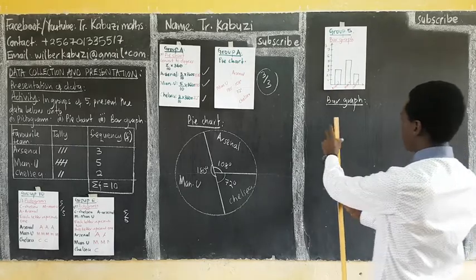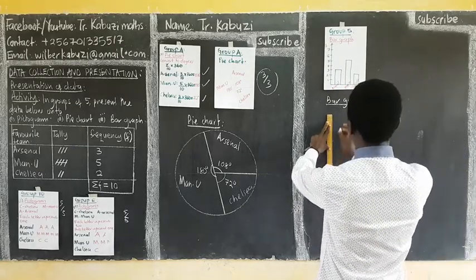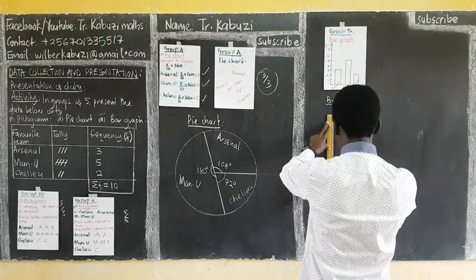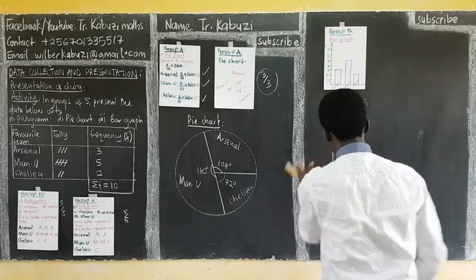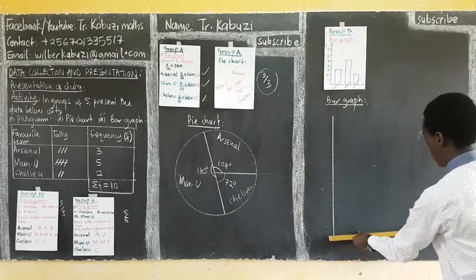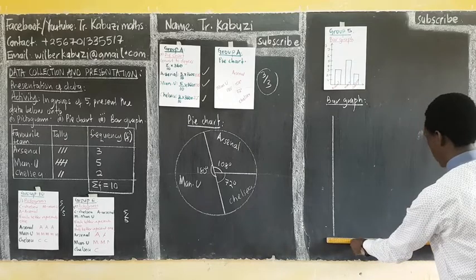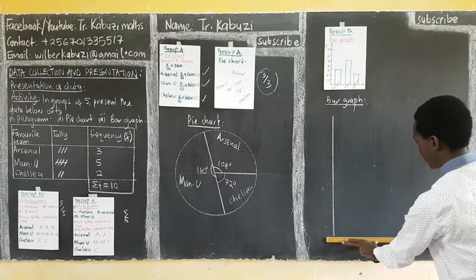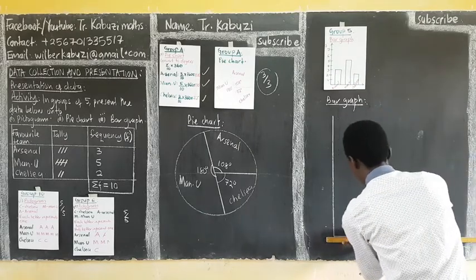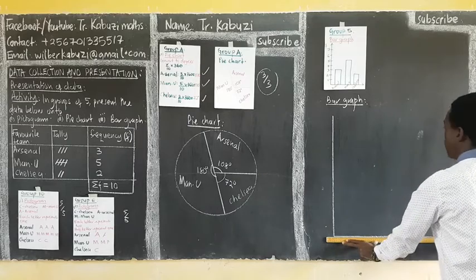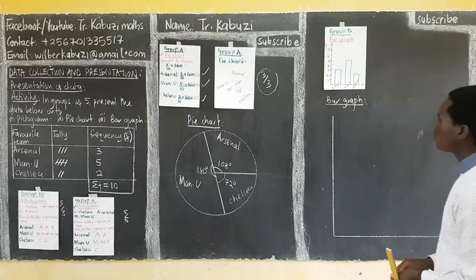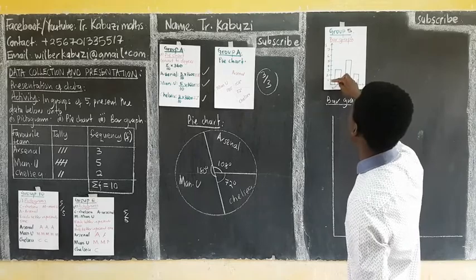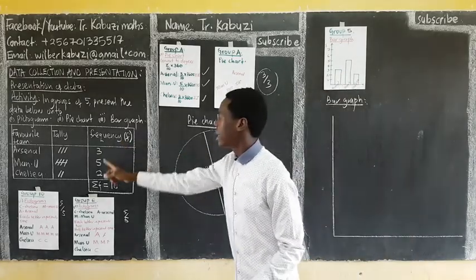So what you do, you start by drawing the vertical axis like that. Then you come here and draw what we call the horizontal axis. Then from here, you see that when you look at this, our highest is 10.